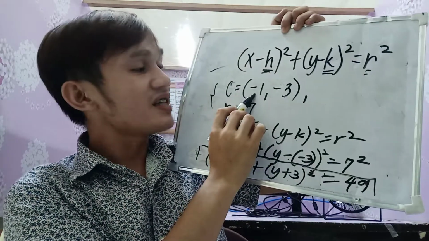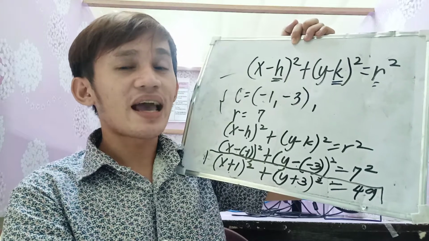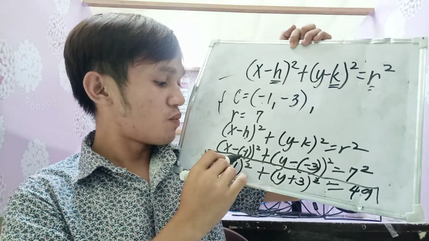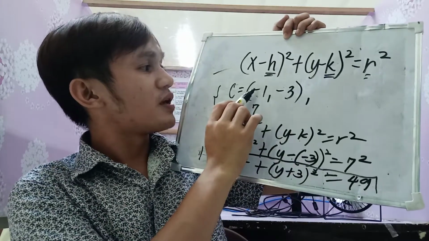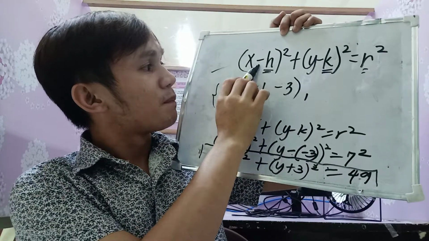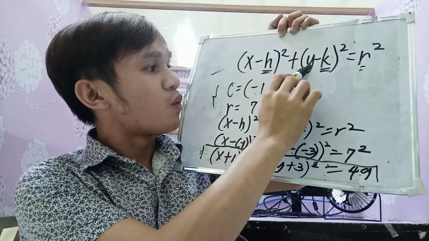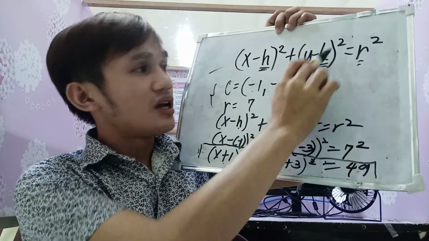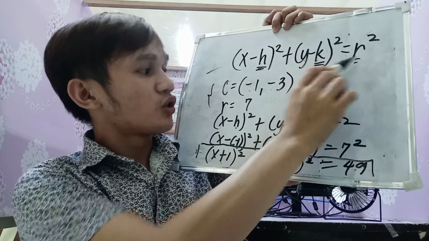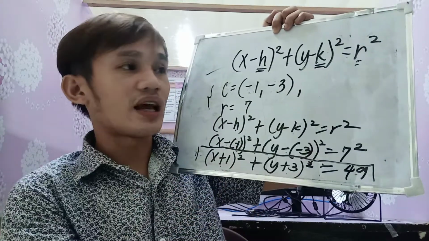Since this is −1, you're just going to get its opposite sign, because once we multiply it by a negative, that will actually become a positive. So this will be (x + 1)² plus the quantity of y, since this is negative, plus 3², is equal to r², which is 7² is 49.